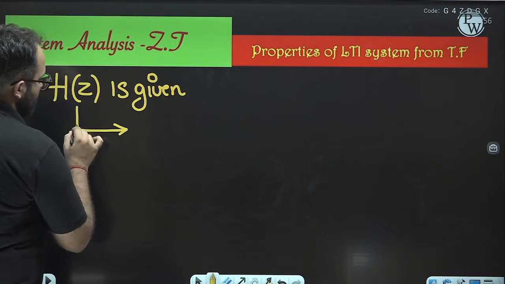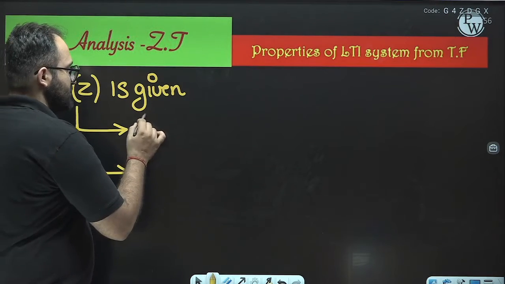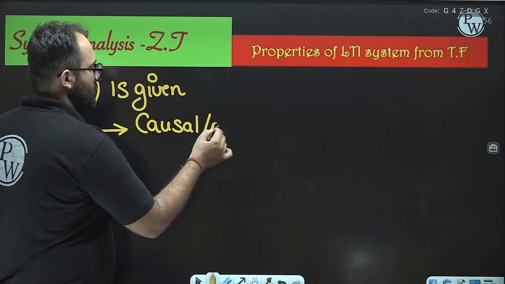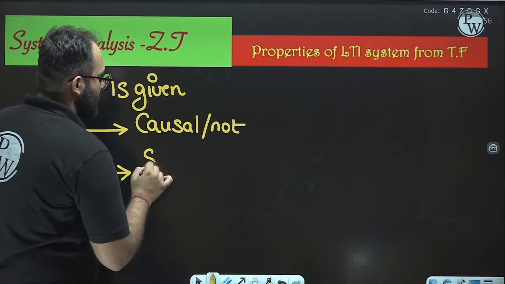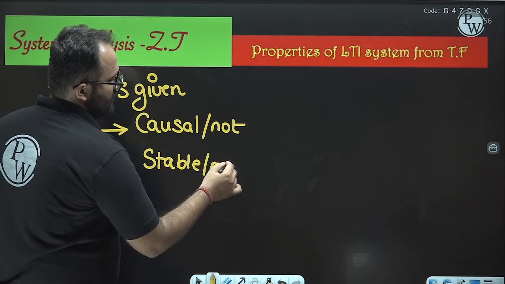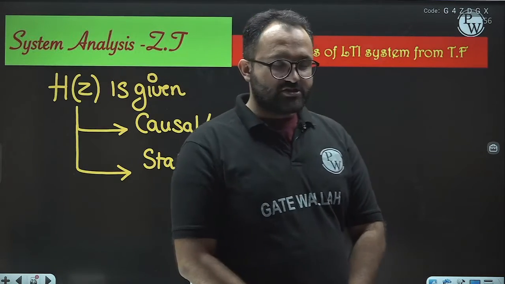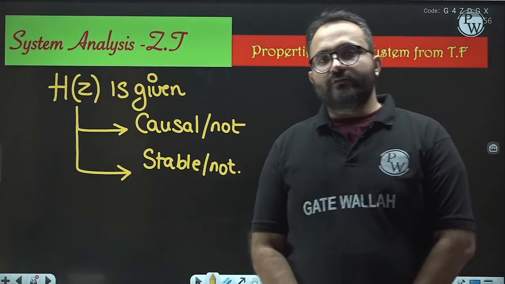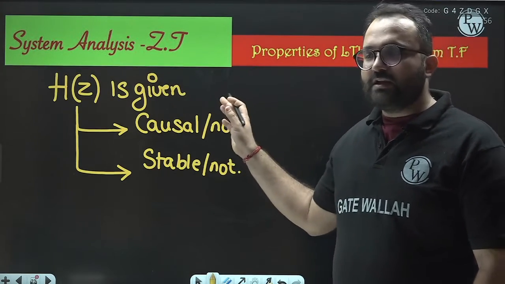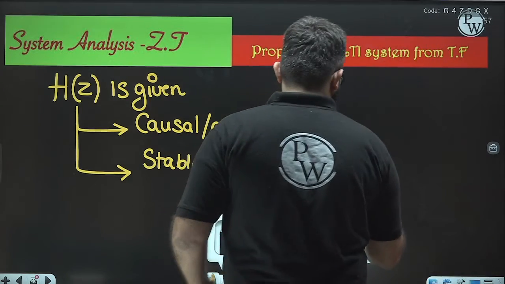We have to find two things. First, the causality of the system, that is, whether the system is causal or not. And we have to comment on the stability of the system, stable or not. So this is what we are going to do in this section: if the transfer function is given, we have to comment on the causality and stability of the system.